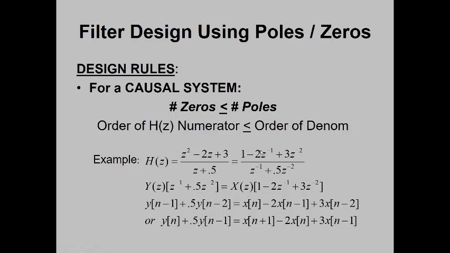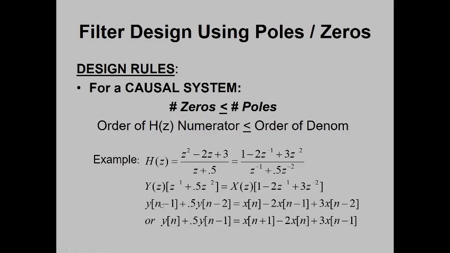If we divide these back down to make negative exponents in trying to convert this to a difference equation, we cross multiply H of z as Y of z over X of z. So we cross multiply and get these terms. And we inverse Z-transform. We get a y of n minus 1 term, a y of n minus 2 term, an x of n minus 1, x of n minus 2.